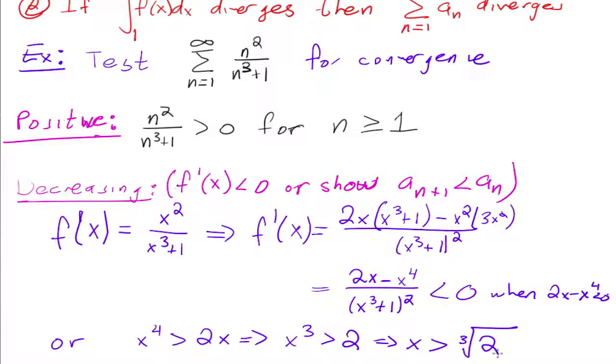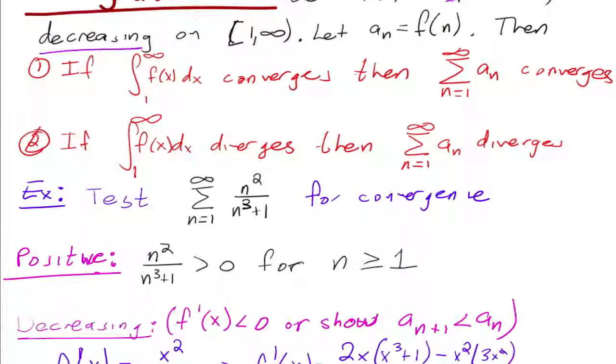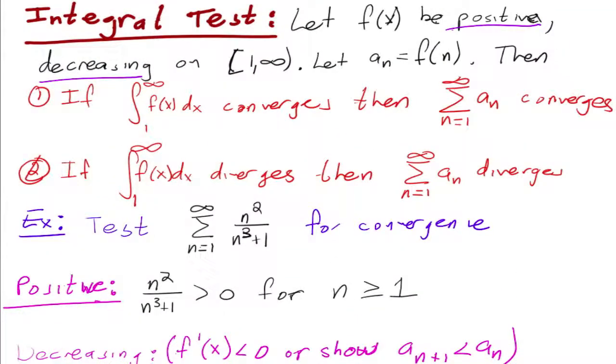Okay, now, this is when it's negative, right? And cube root of 2 is a little bit bigger than 1, right? You guys agree? Now here's a question for you. Does that satisfy the condition of the theorem that it be positive and decreasing from 1 to infinity? No, right? But it is positive and decreasing from cube root of 2 to infinity.